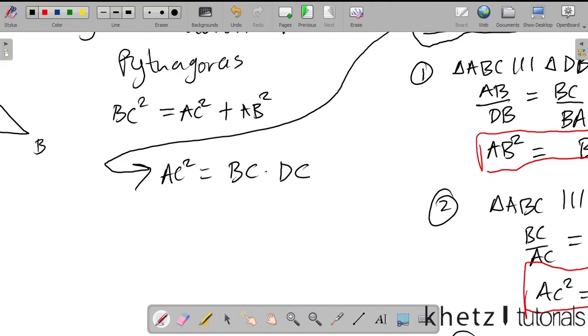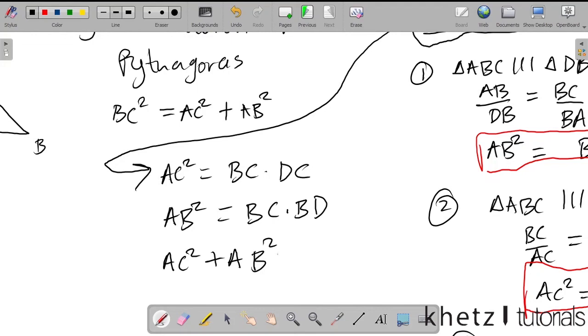And we found that AB squared is equals to BC multiplied by BD. So ultimately, AC squared plus AB squared is equals to BC multiplied by DC plus BC multiplied by BD.